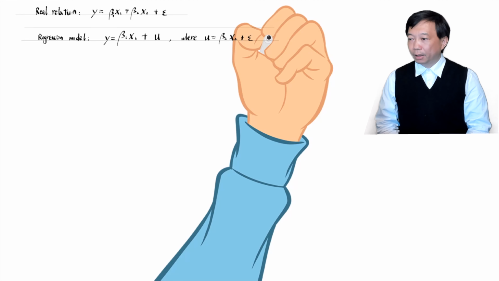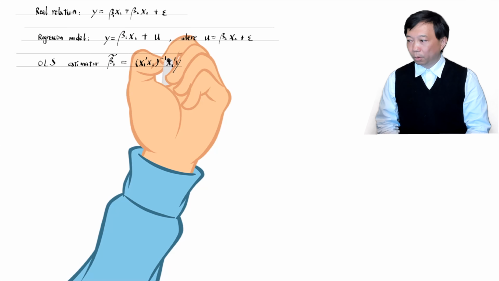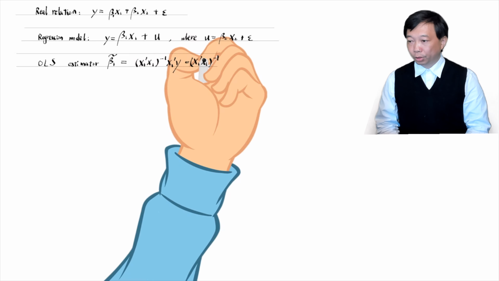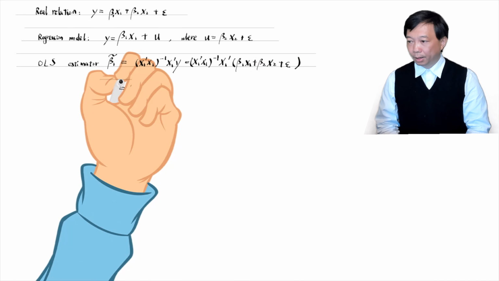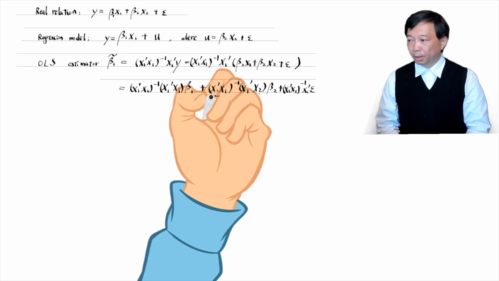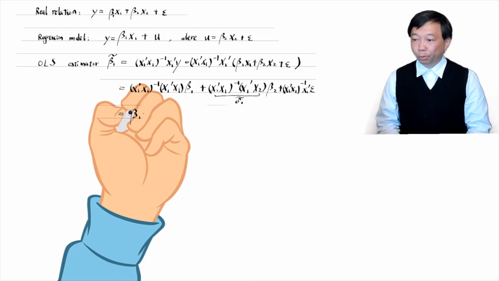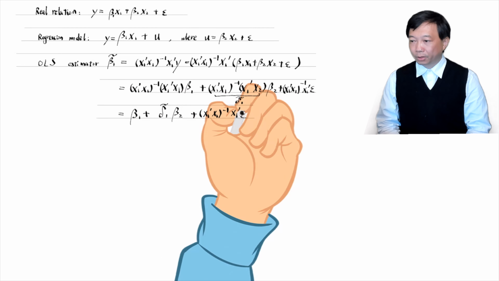The OLS estimator beta1 tilde in matrix form is as follows. We plug in the true relation equation for y and then have three terms. In the middle term, we find the OLS estimator for the regression of x2 on x1.